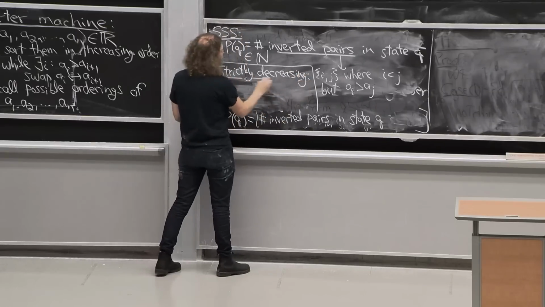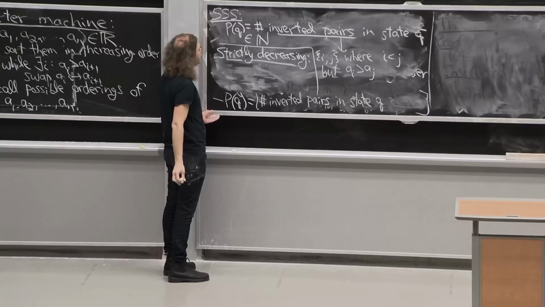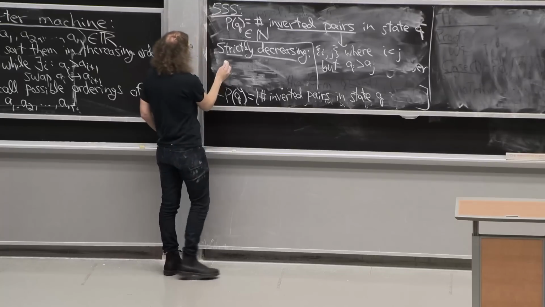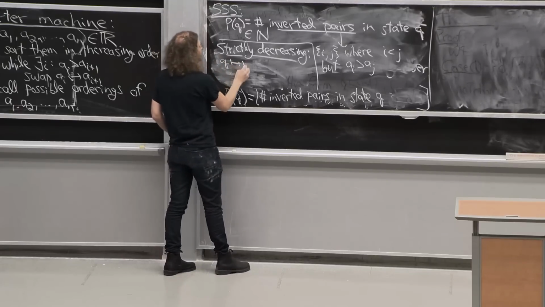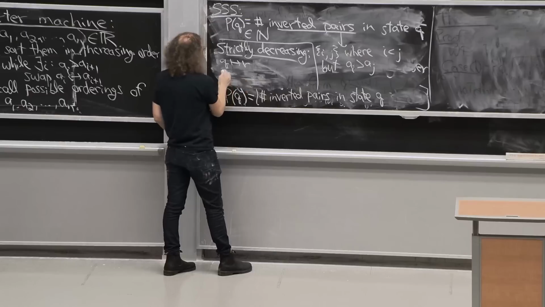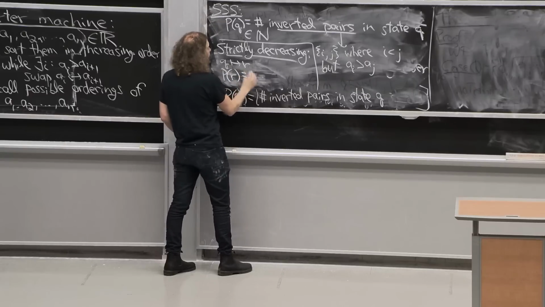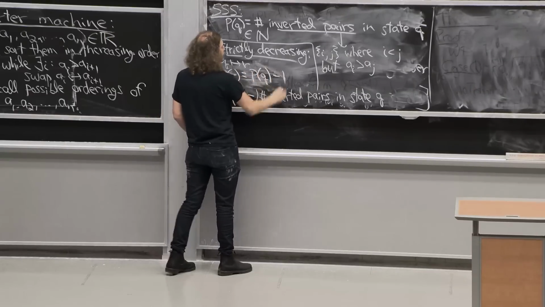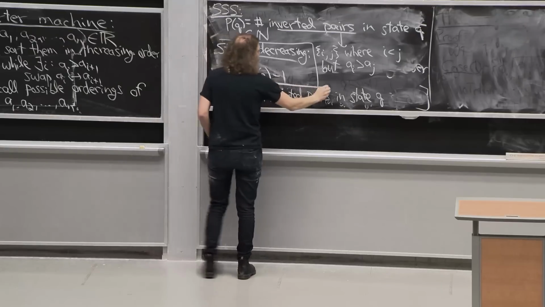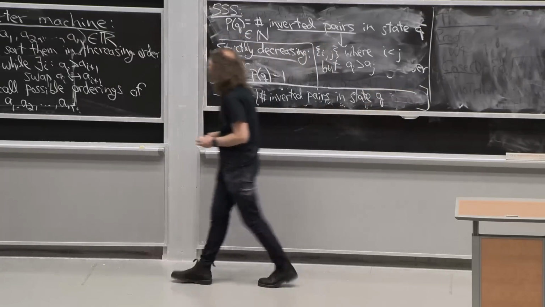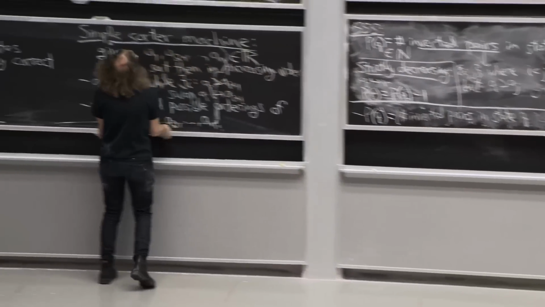OK, I claim this P of Q is strictly decreasing. Why? Because every time I do a transition from Q to R, P of R is 1 smaller than P of Q. Let's look at the definition of transition over here.